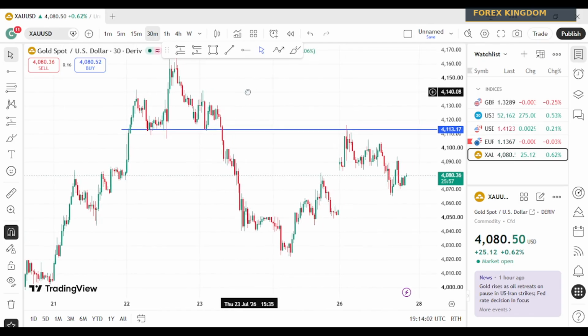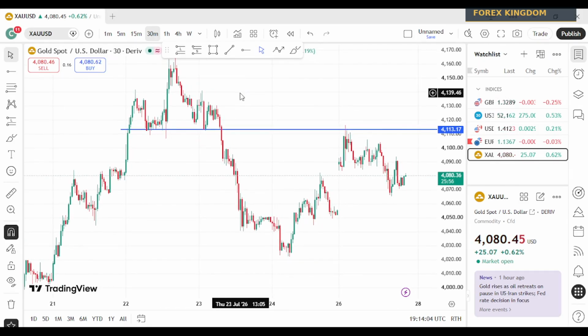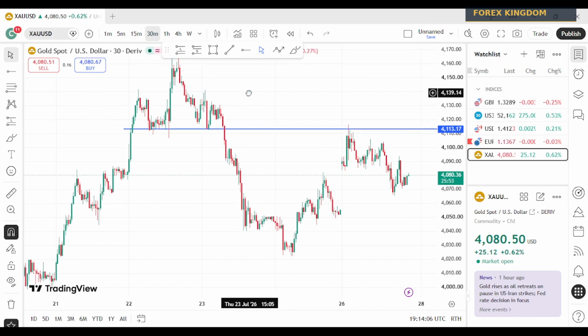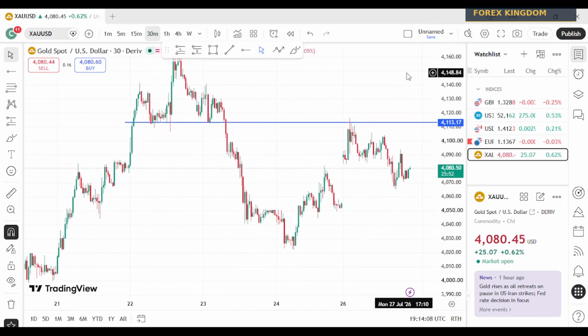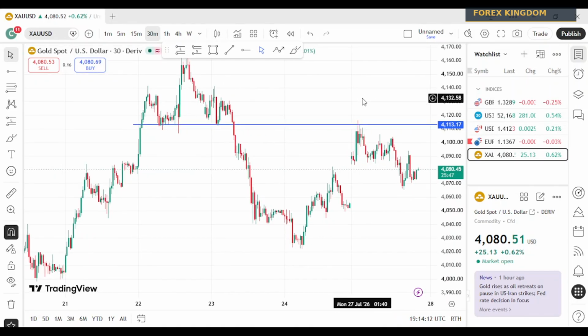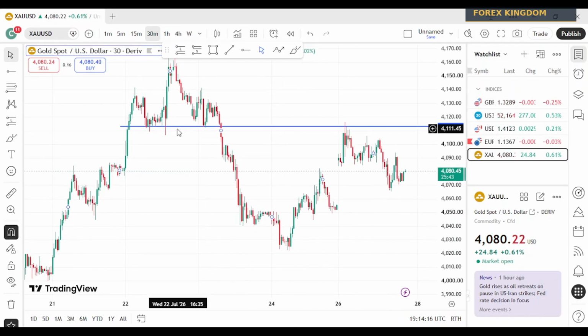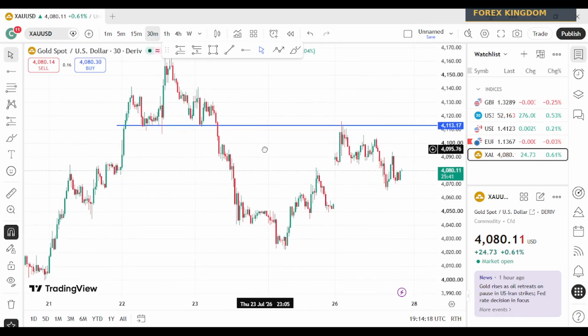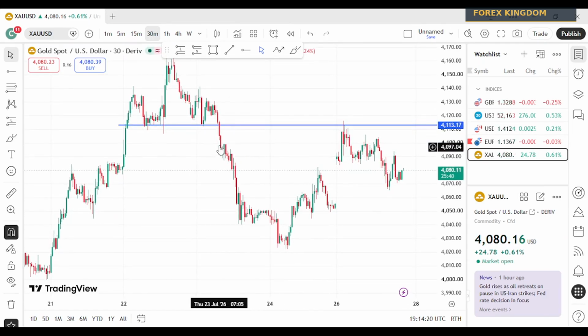In most cases, I consider candle closures. I don't consider wicks. I don't know how other people do it, but we consider candle closures, not wicks. So I'll mark that level there, and then here the market prices were falling, and then here it formed a swing low.